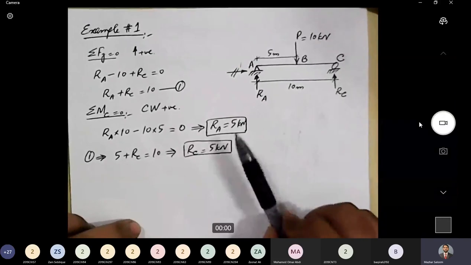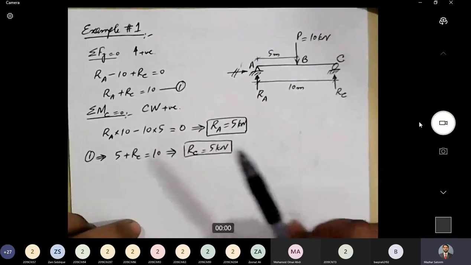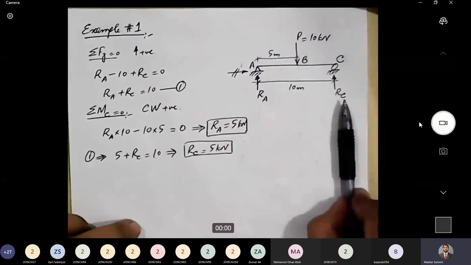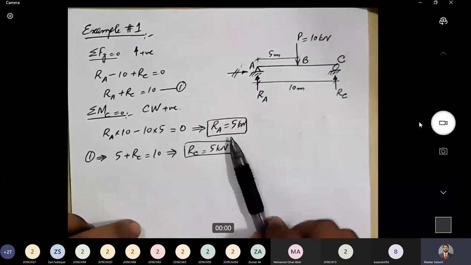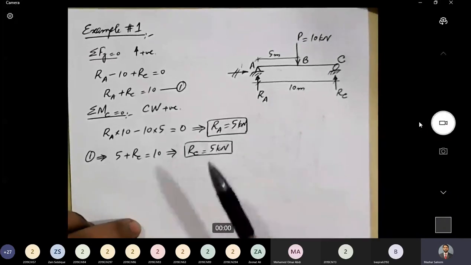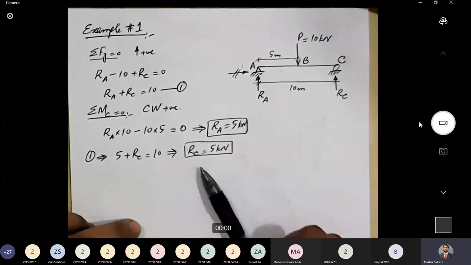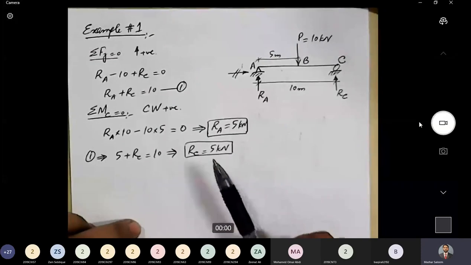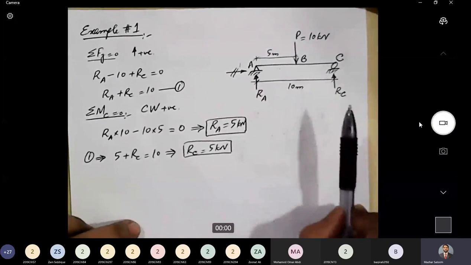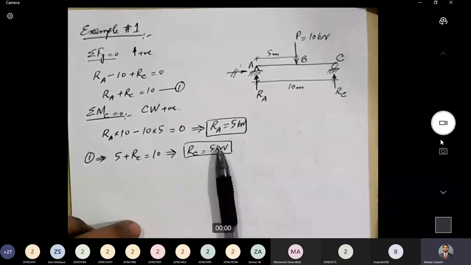Had we got negative answers, that would have meant that the assumed directions are incorrect. If the answer for RA is negative, it means the real direction of RA is downwards. If the RC answer comes out to be negative, it means the real direction of RC is opposite to the assumed direction, so it would have been in the downward direction. Okay, is that clear? Anybody having any question at this point?